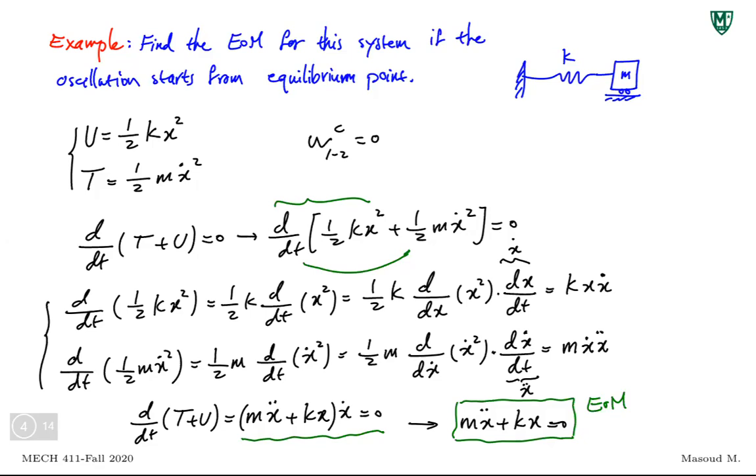The derivative part is just math. It doesn't even have anything to do with physics. You see there is no free body diagram, no concern about forces, whether the direction is correct or not. As long as you take all the energy sources into account, you are good.